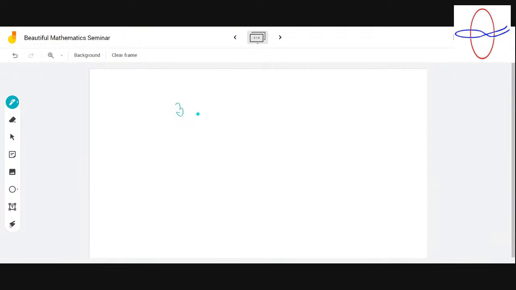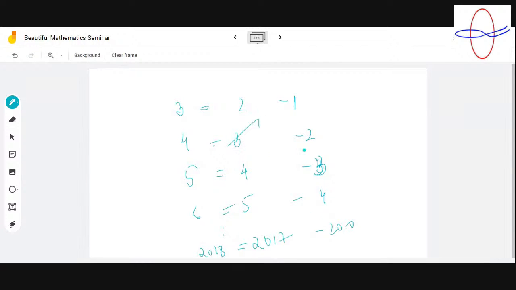Okay, so 3, 2 minus 1, then again 4, 3 minus 2. Let's check it. Okay, 5, 4 minus 3. It's getting cancelled. You're right. I did it wrong. 6, 5 minus 4. Yes, so there's an extra part over here. If you go dot dot dot 2018, that will be 2017 minus 2016, so this thing gets cancelled.